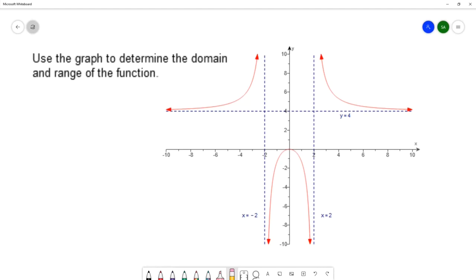So typically when we have an arrow on the end of the line, we are supposed to assume that the pattern that we see continues. And the pattern that we see established by this line is that it's going up and to the right. Now it will continue to go up and to the right.